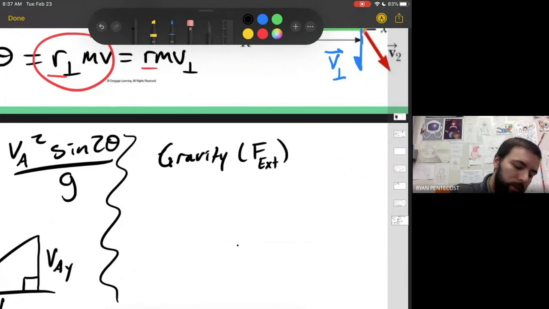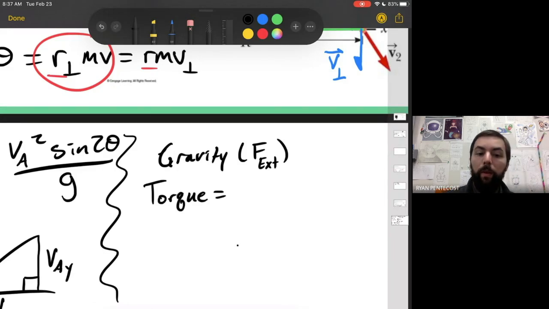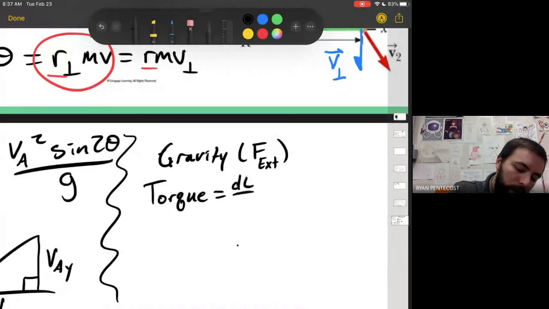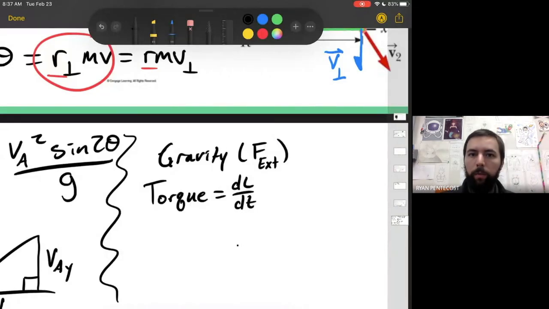This is creating torque. And just as a sneak peek of what's to come, if you have torque on a system, this is going to change your angular momentum.